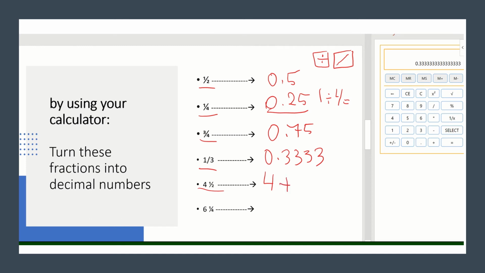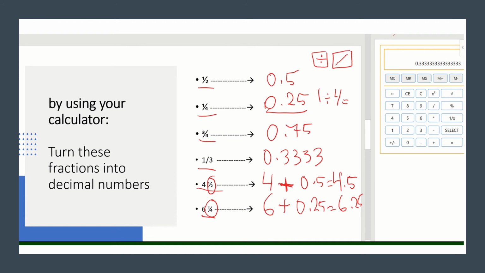So I have 4, and I will use the plus here, and we already know the half is equal to 0.5, which will equal 4.5. Then I have here 6.25, which is 6 plus the quarter. We already know it as 0.25, so I will get at the end 6.25. So now we have learned how to convert these fractions into decimal numbers.